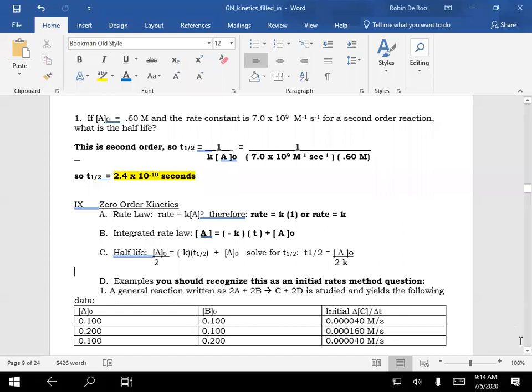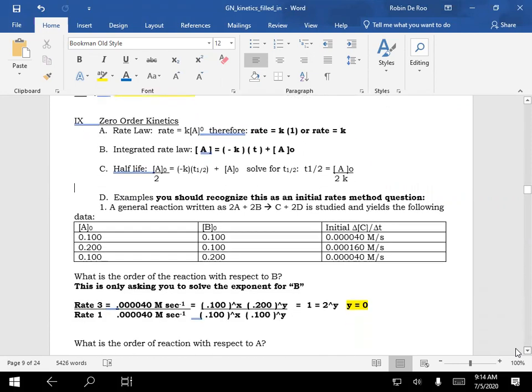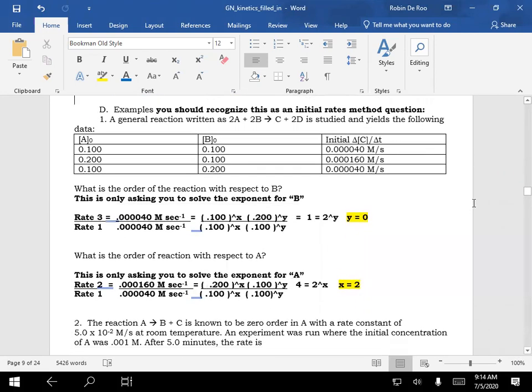Let's do a practice problem. First of all, you want to be able to recognize this as an initial rates method question. You're given data for several experiments, and you're given the initial concentration of one of the products.